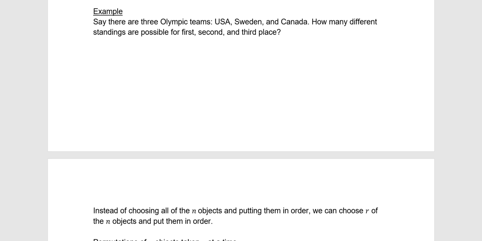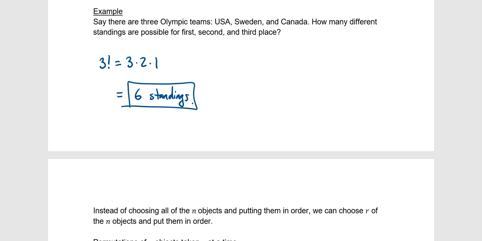Since there are 3 teams, that's going to be 3 factorial, which is 3 times 2 times 1, which gives us 6 possible different standings for arranging those 3 Olympic teams. So let's go ahead and list them all out.